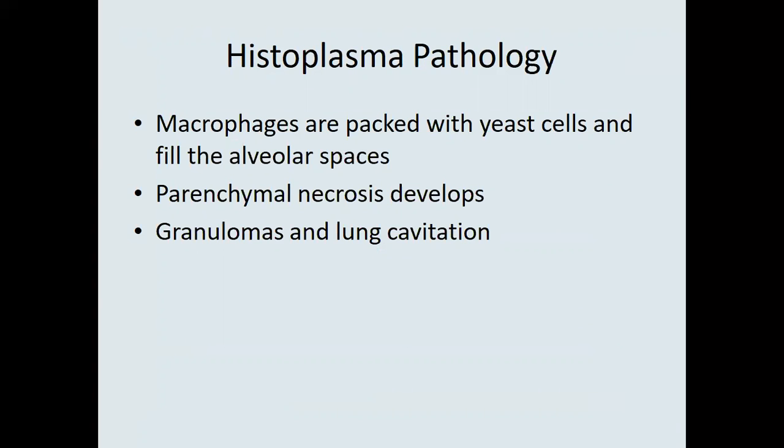And there again, it's just going over with you what happens. So the macrophages can be packed with yeast cells and fill those alveolar spaces in the lung. That just means parenchymal, meaning organ necrosis, that in this case, the lung starts happening. And then once those macrophages are overwhelmed with the yeast cells, you'll see granulomas form.